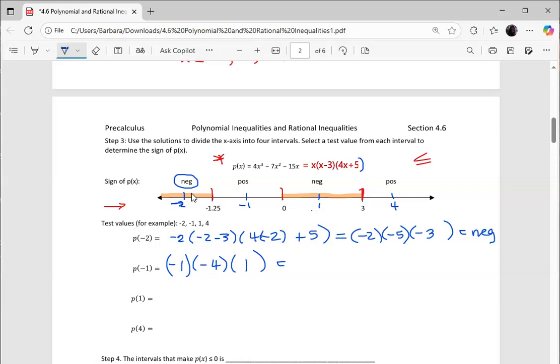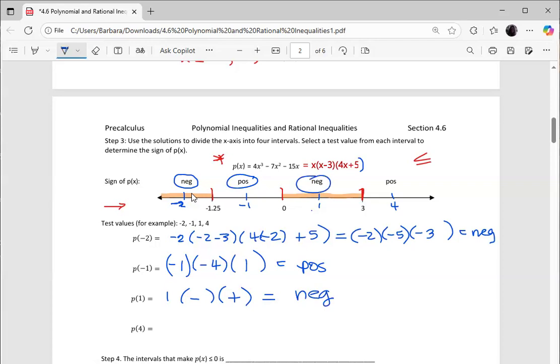For the test point of -1, I have a -1 times -4 times 1, which is a positive number. So I'll go ahead and put the positive there. For P of 1, I have 1 times 1 minus 3, which is a negative, times 4 plus 5, that's positive. So we get a negative number.